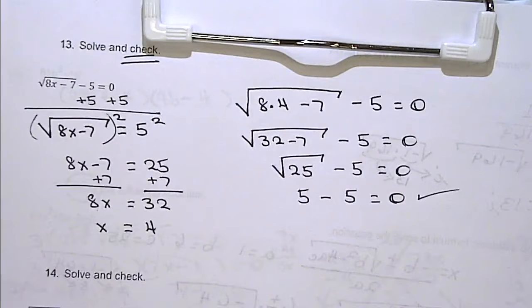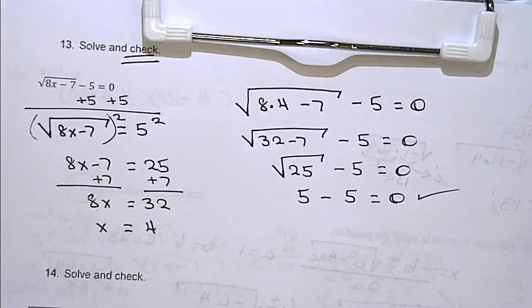Let's say it was 8x minus 7 equals negative 25, it's going to say it's not a real number, I think is what it says. Okay, which is the square root of a negative number that you'd be taking. You're squaring a negative number, and then you would have to go backwards to check it. I think that's what it's saying. I think you'll find that these are going to help you with your test. So I wouldn't worry too much if there's a confusing problem in there.